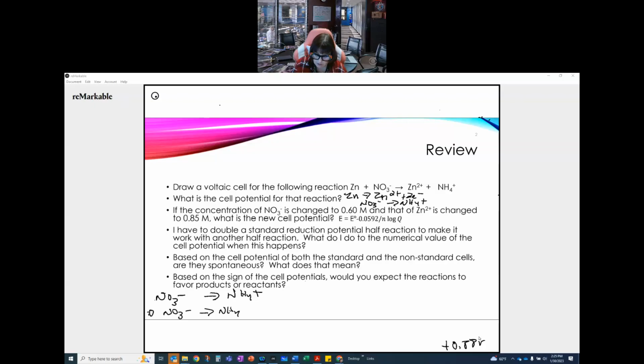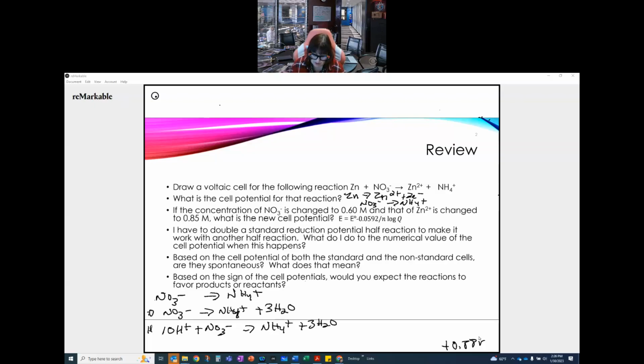I don't have any on my product side, so I need to add 3 H2O to even that out. Then I have to deal with the hydrogen, so I just added 6 more hydrogen to my product side, and I already had 4. So I need to now add 10 H plus to the reactant side, to the NO3 minus. That gives me my NH4 plus and 3 H2O.